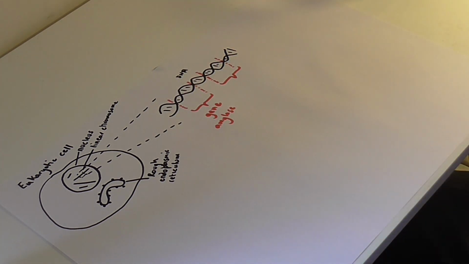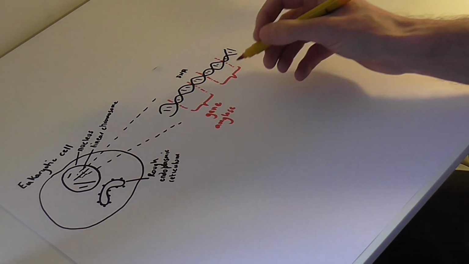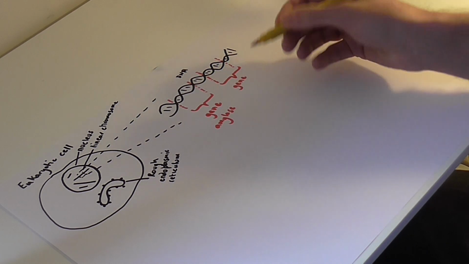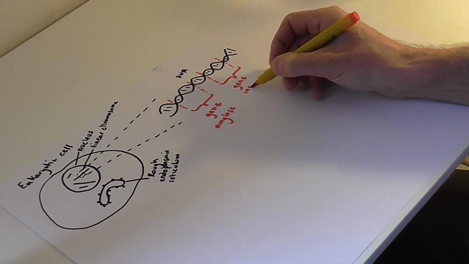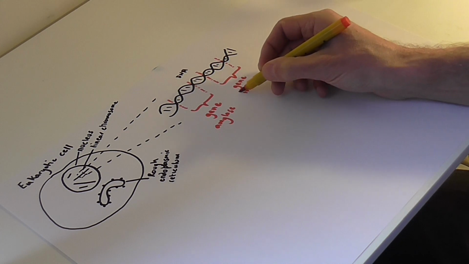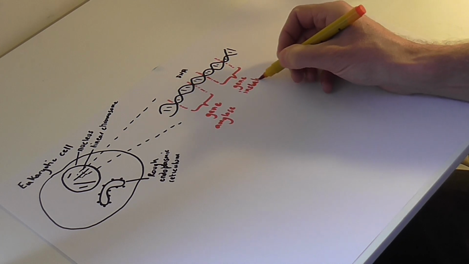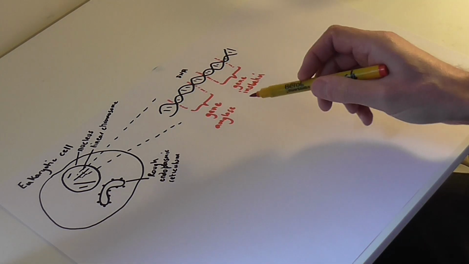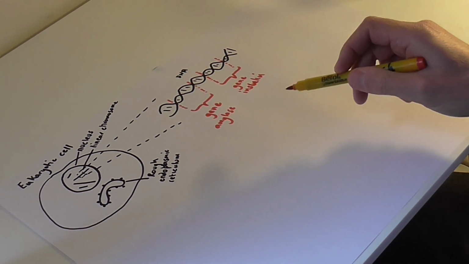So a gene is a sequence of DNA bases that's going to code for a specific polypeptide. So let's say that at this point just here's the gene that codes for insulin hormone, which you'll be familiar with.